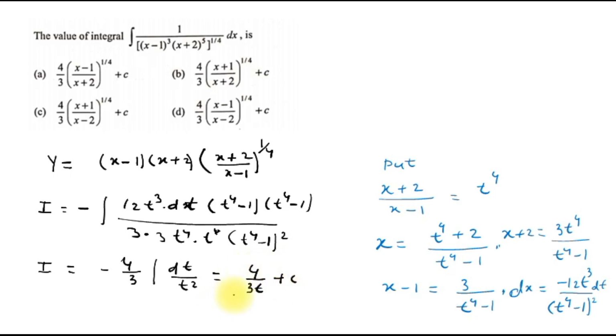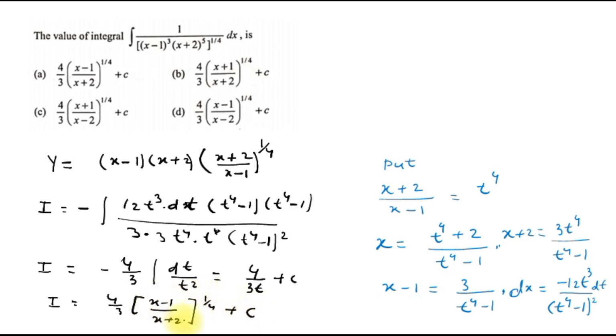So if we put the value of t, we get I is equal to 4 over 3 into x minus 1 divided by x plus 2 to the power 1 over 4 plus integration constant c.